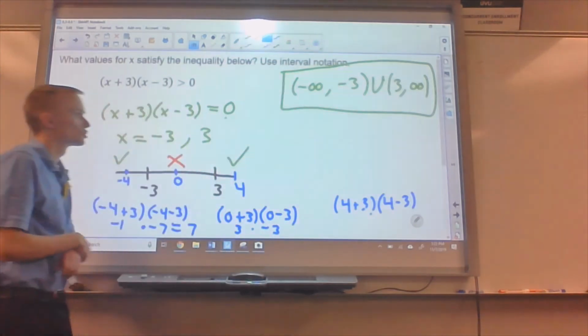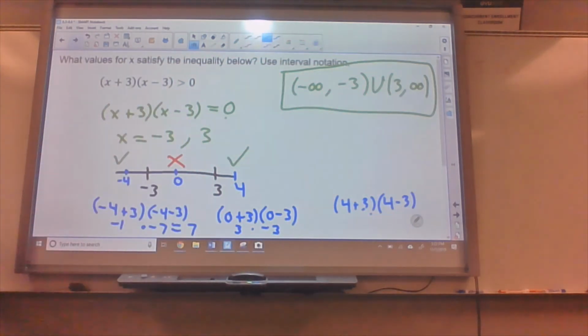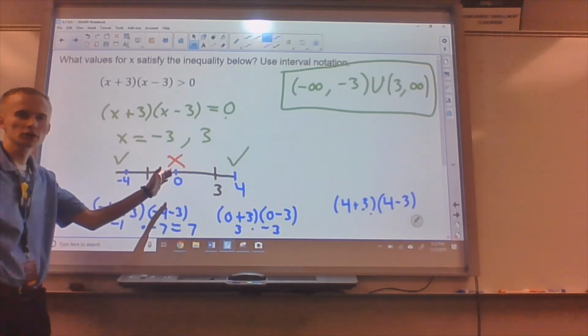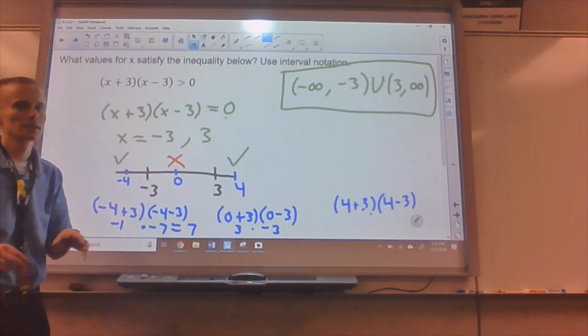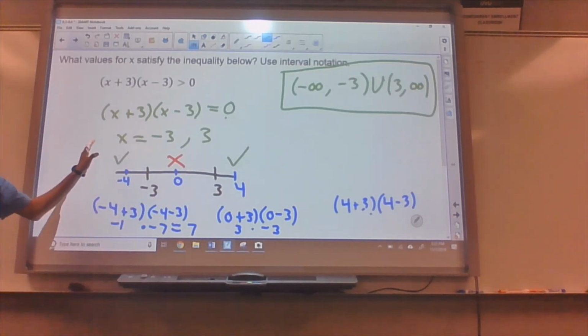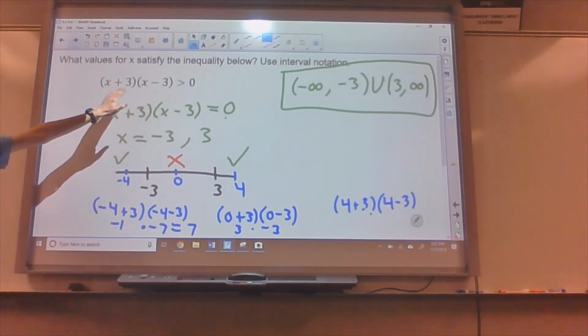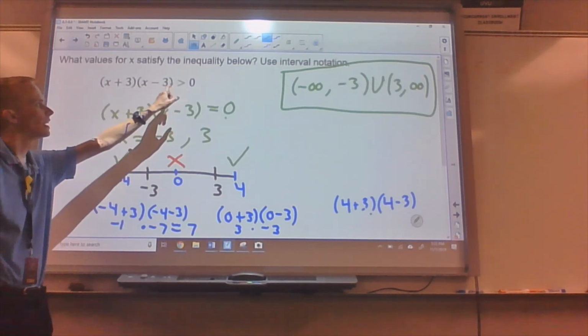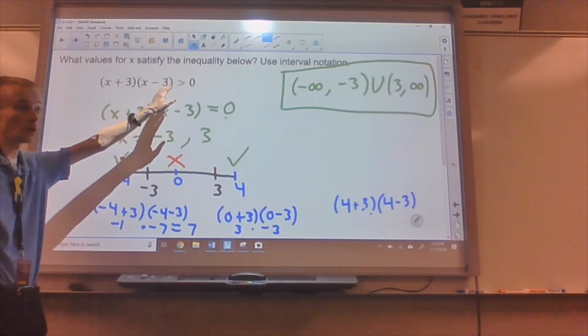Okay. So this is very similar to what we did before for linear inequalities. It's just a little more complicated now because there are multiple places where the inequality can change. So we have to look first at where this inequality is actually an equality.